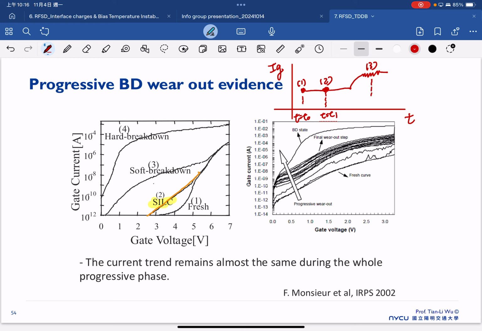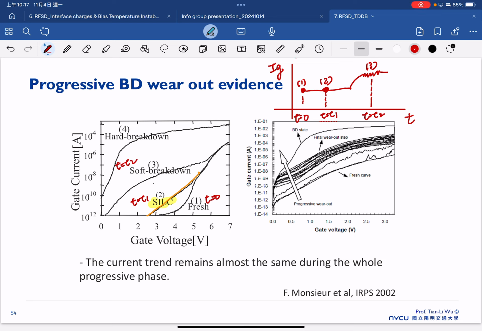This is at the moment of T equal to T2, with T equal to 0, T1, and T2.